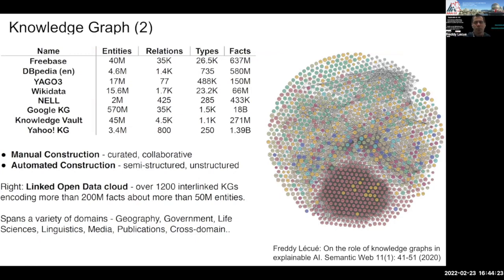If you know Wikipedia, there's a DB version called DBpedia, and it's connecting pages and facts and named entities together in a nice way as a graph, and you can use it. But there are other, more sophisticated and much bigger graphs.